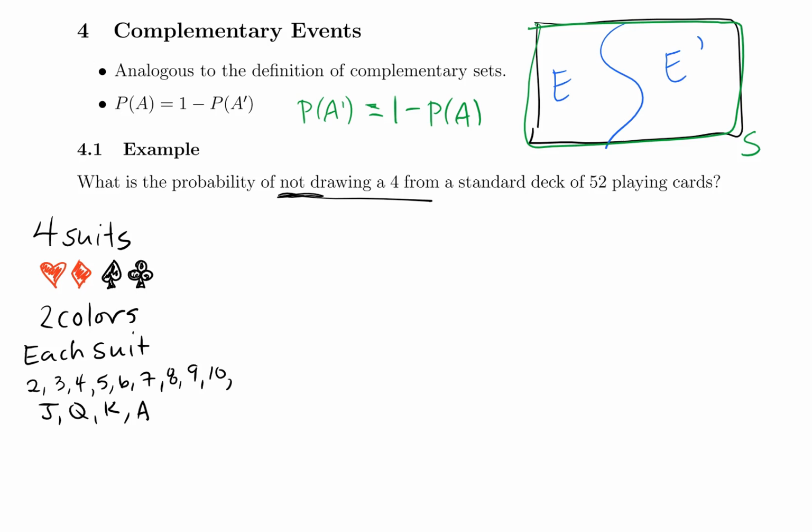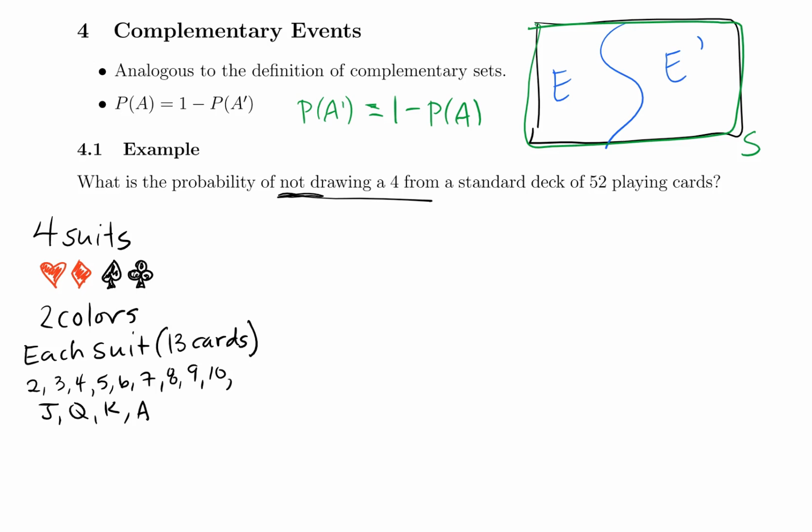So each suit consists of 2, 3, 4, all the way up until the ace. Altogether, there are 13 cards per suit. There are 4 suits, and so there are 52 cards total. Every card shows up exactly once within each suit.